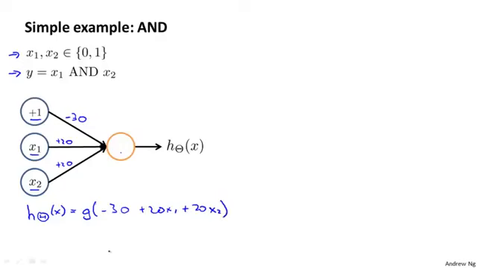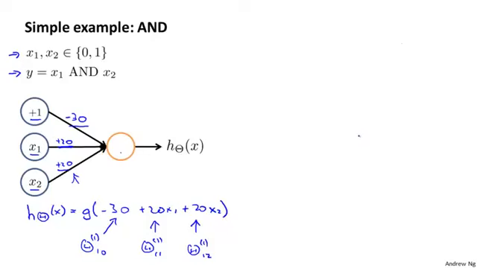Sometimes it's convenient to draw these parameters up here in the diagram of the neural network. Of course, this -30 is actually theta 1 of 1, 0, this is theta 1 of 1, 1, and that's theta 1 of 1, 2. But it's easier to think about it as associating these parameters with the edges of the network.